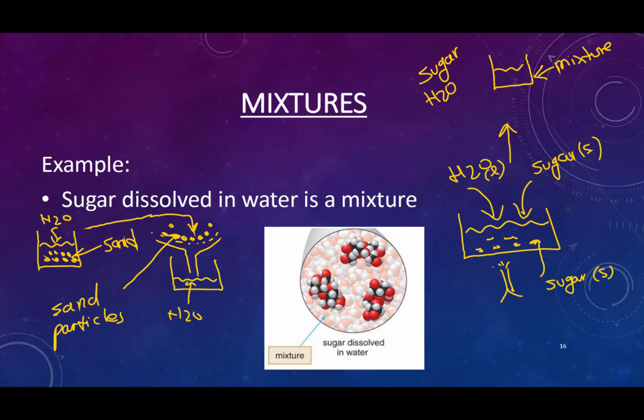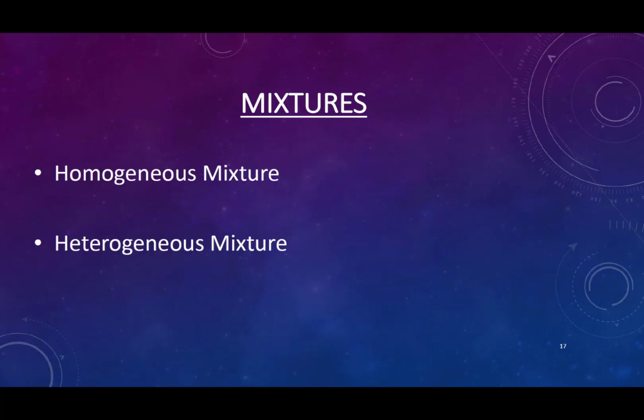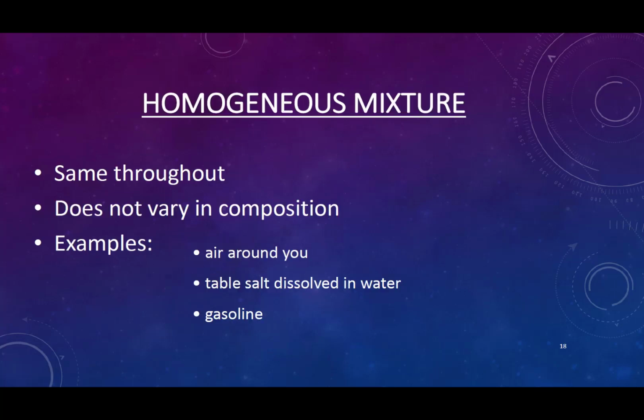Once they undergo physical change, whatever we start with, we end with those same exact components. Now, we have homogeneous mixtures and heterogeneous mixtures. Homogeneous mixtures are the same throughout.